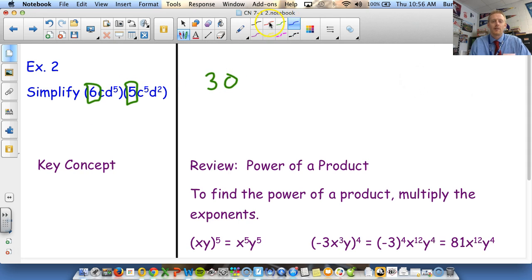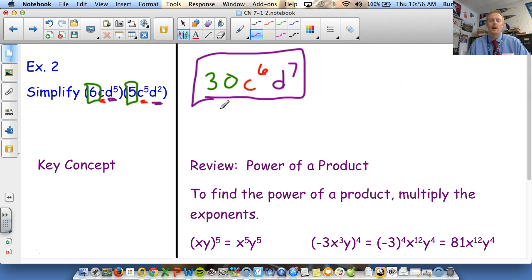We'll put together our c's. So I have 1c times another 5c's, which is a c to the 6th power, because 1 plus 5 is 6. And then over here, we have 5d's and 2d's, so that's a d to the 7th. So that would be our official simplified answer when we multiply them together.